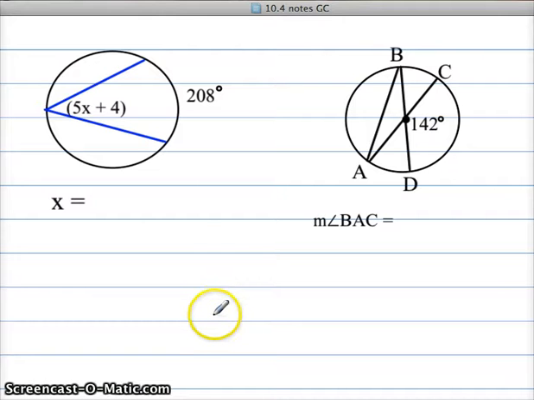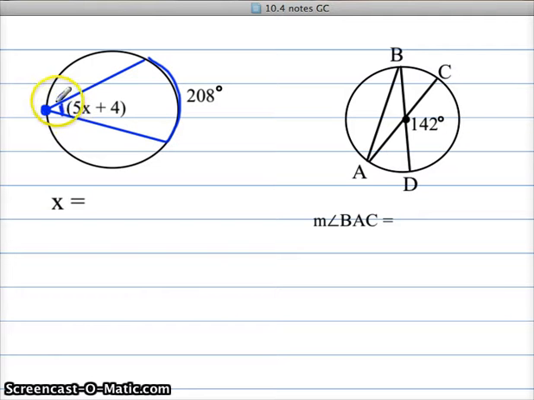Okay, so this is just kind of putting it all together and looking at some examples. So this blue angle right here, see this vertex? It's on the circle. It's not on the center, it's on the circle. So this angle right here will be half of this arc that the angle is grabbing onto.